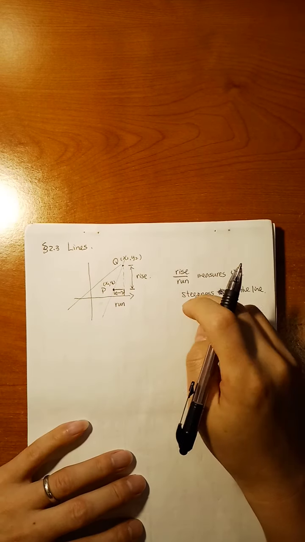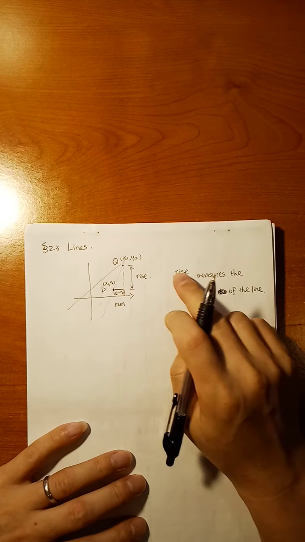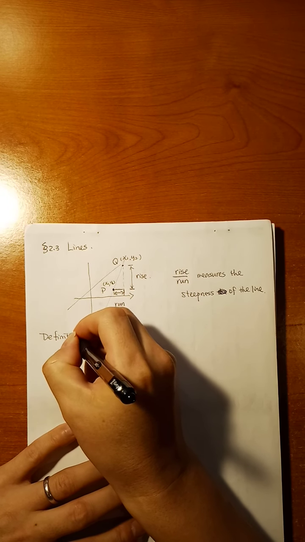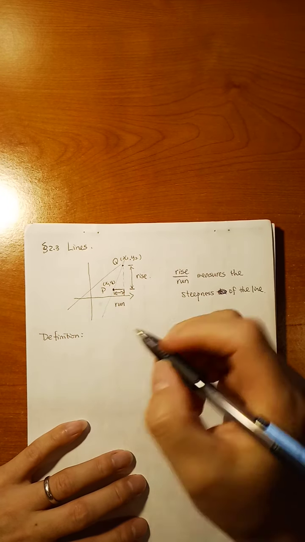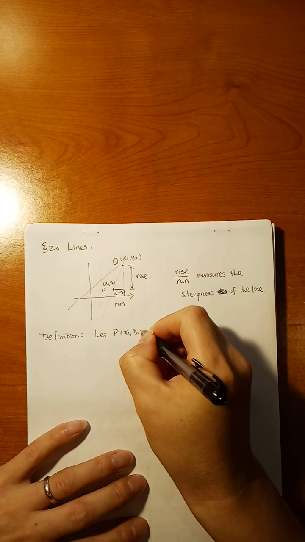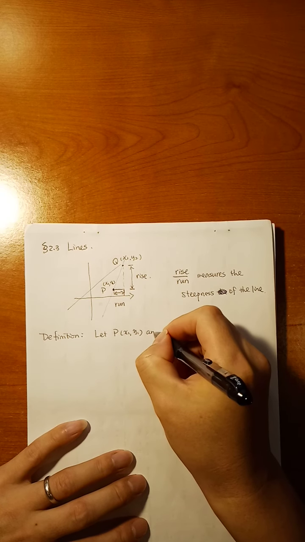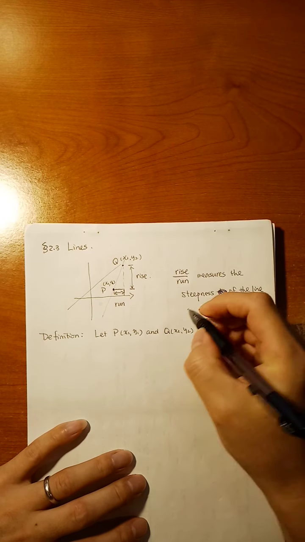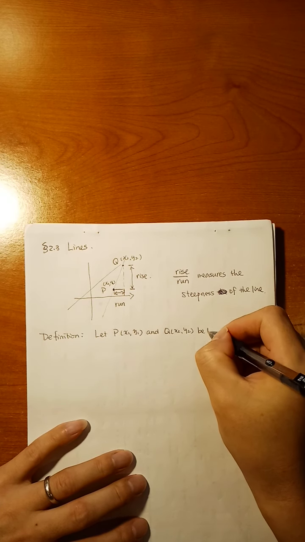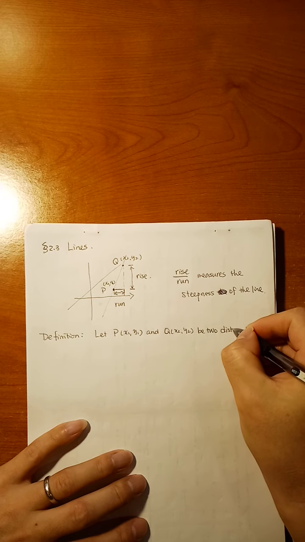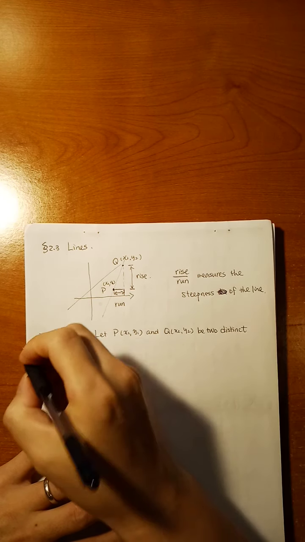Okay, so we're going to give a name to this ratio, rise over run. So let P (x1, y1) and Q (x2, y2) be two distinct points.